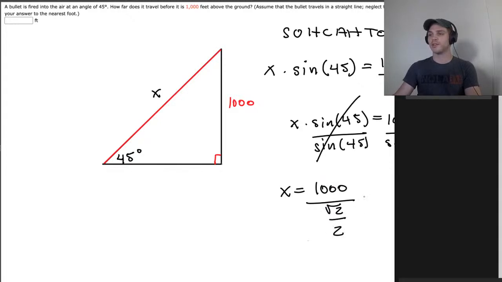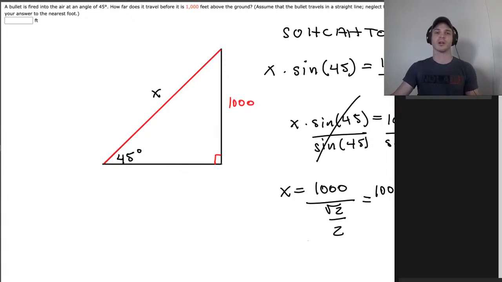So 1,000 divided by root 2 over 2 is the same as 1,000 times the reciprocal, which is 2 over root 2. And then we need to rationalize the denominator here. So I'm going to multiply by root 2 over root 2. If there's any question on that, post it in the chat. But essentially, this is just 1.